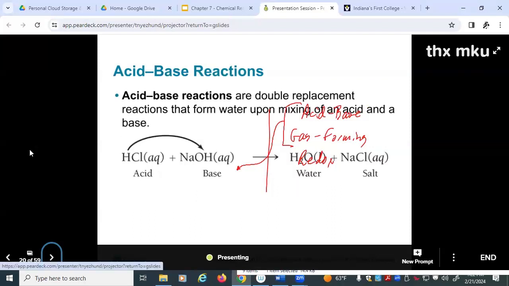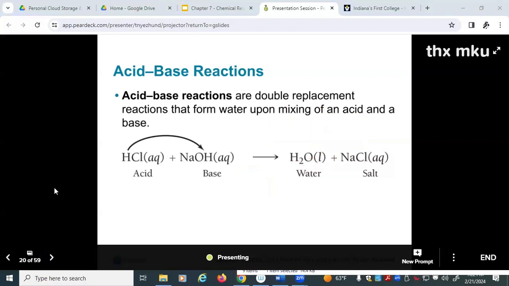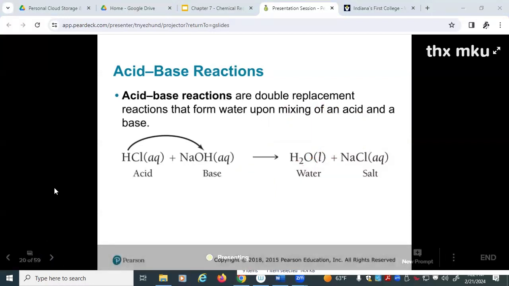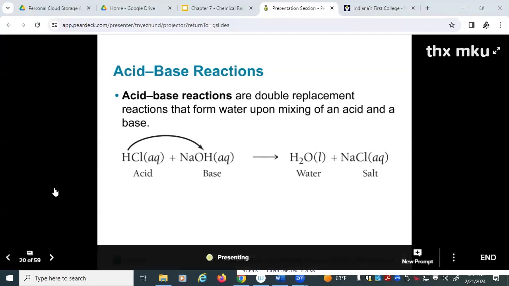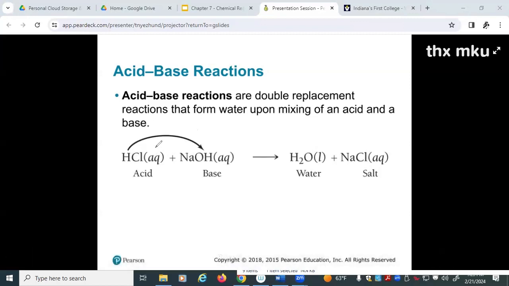So let's take a look at each of these piecewise here. Acid-base reactions are double replacement reactions. Now, what do I mean by double replacement reaction? Again, what we're looking for specifically is a recognition that I can look at each of these reactants and see individual ions.